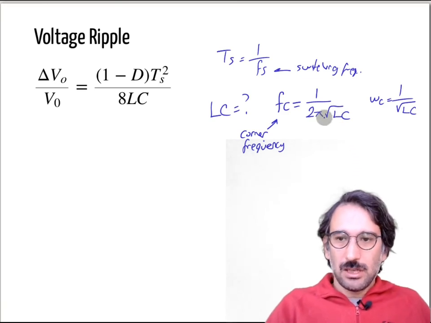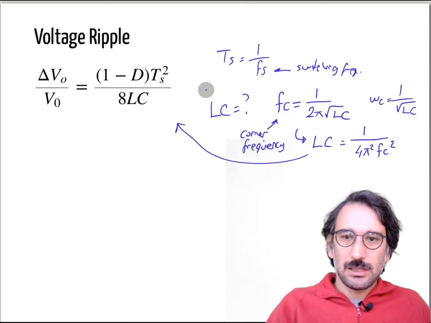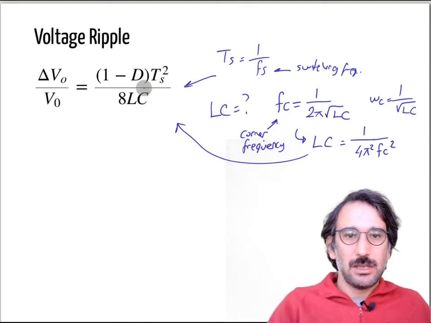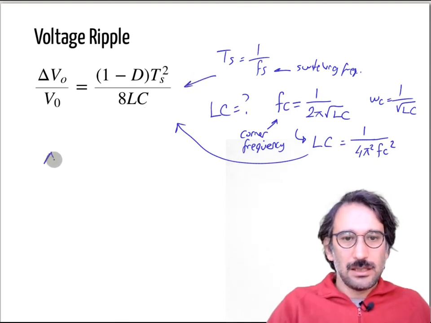So how can I write that one? You can use that equation, and LC can be written as 1 over 4π² fc², right? And you can use that equation and that equation here, and let's rewrite those equations.